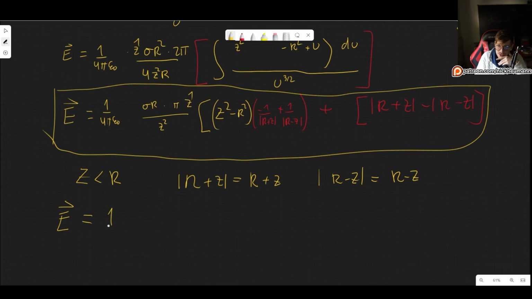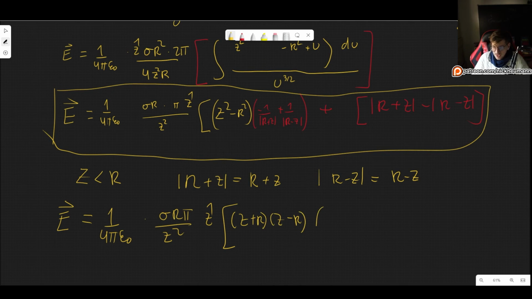So the electric field will be 1 over 4 pi epsilon 0 times sigma r pi over z squared in the z hat direction. And now let's write this just like before. So that is z plus r, z minus r, and then we have minus 1 over r plus z plus 1 over r minus z.